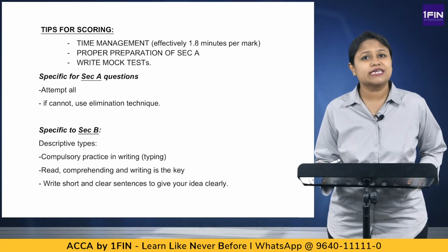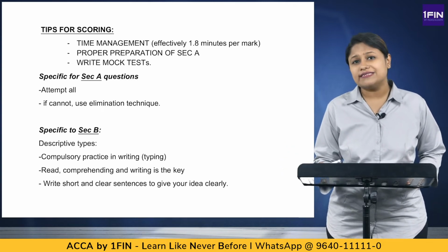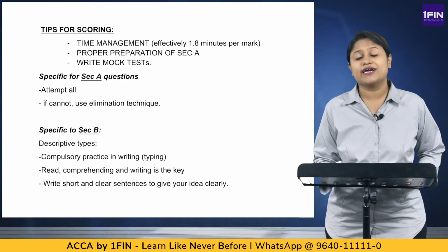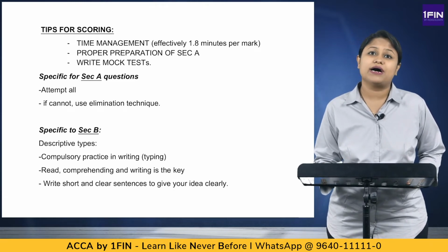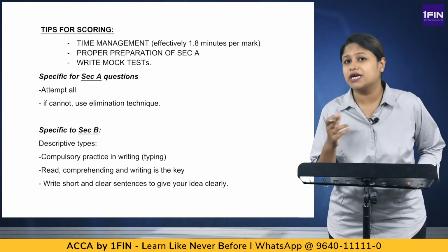Here, there are going to be objective type questions, no negative marking, that we already know. So my understanding is very clear: you have to prepare yourself extremely well when it comes to part A, not only part B. I'm not saying you don't prepare part B well.